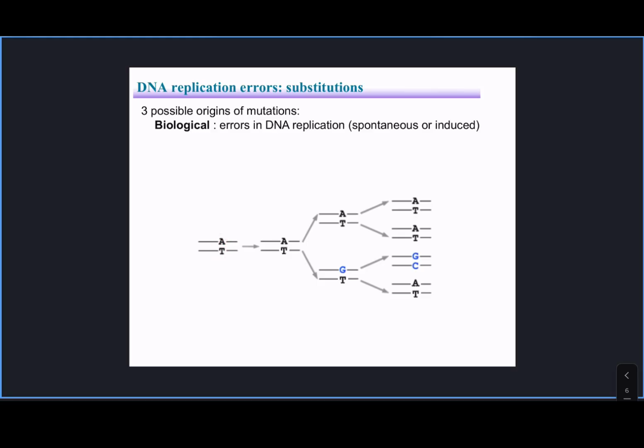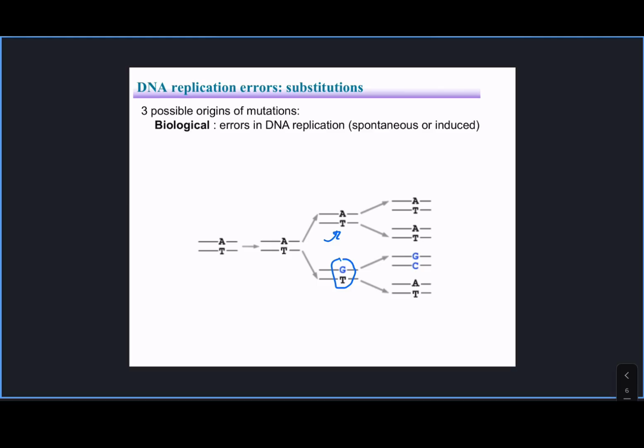When that region is being replicated, the two strands will separate, and both of them are going to serve as templates for the new sequences. For one of these strands, the right base is paired up with the template, so a T is paired up with A. But for the other one, DNA polymerase makes a mistake and pairs up a G with that T.